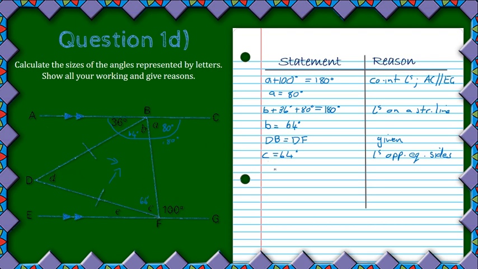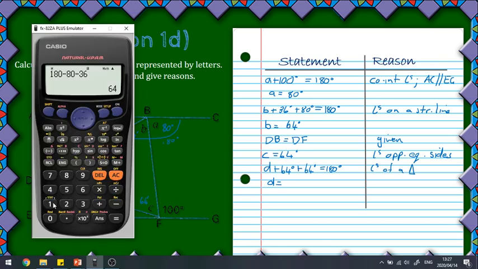Now we know angles of a triangle add up to 180, so I'm going to say that D plus 64 degrees plus 64 degrees is equal to 180 degrees, and then solve for D. So my reason here will be angles of a triangle, and D will then be equal to 180 minus 64 minus 64. So this is then equal to 52 degrees.